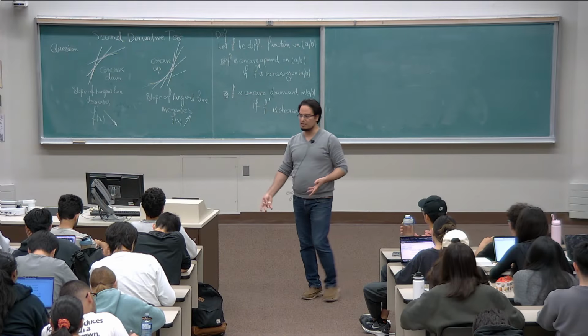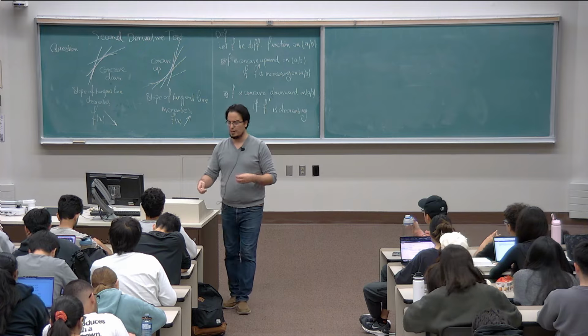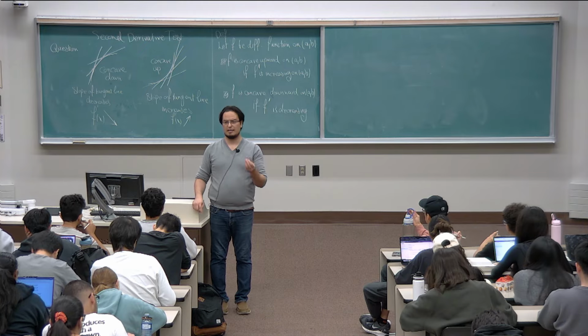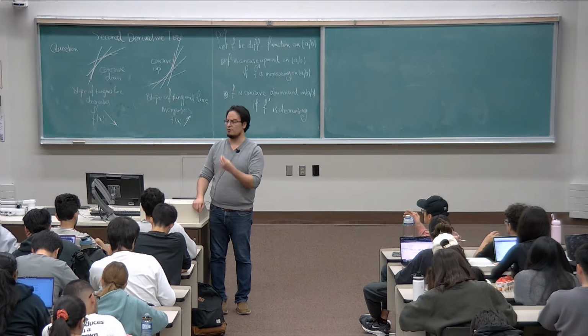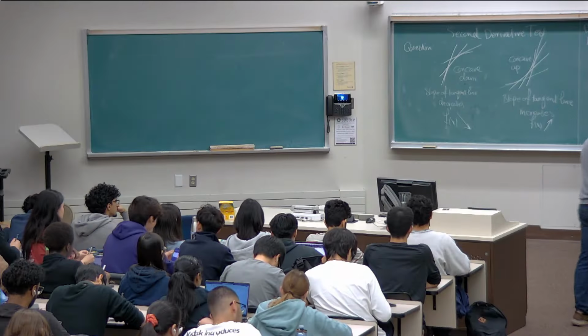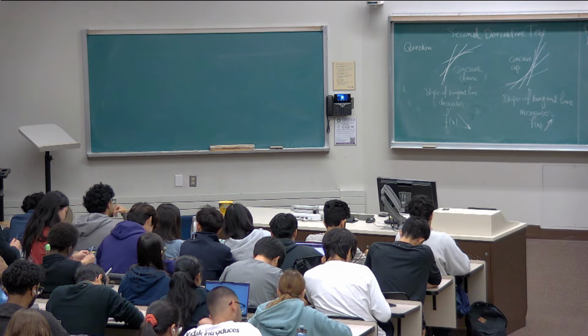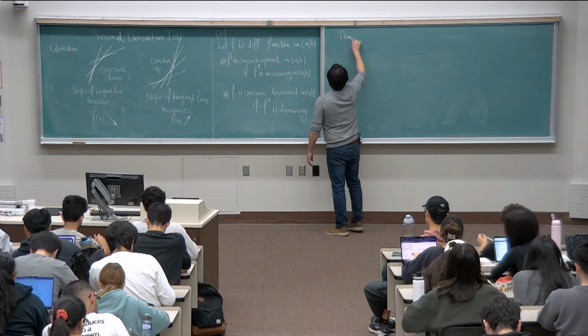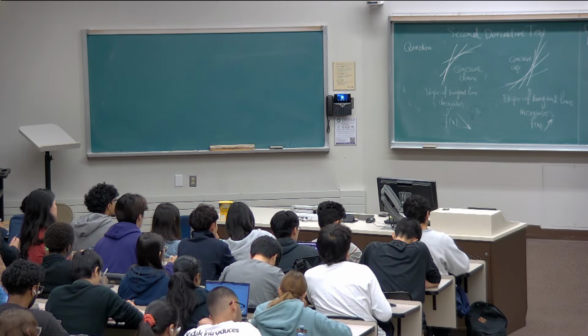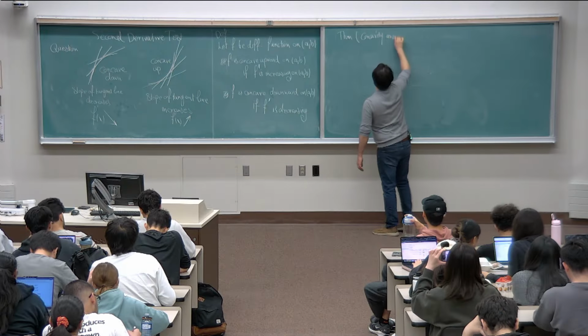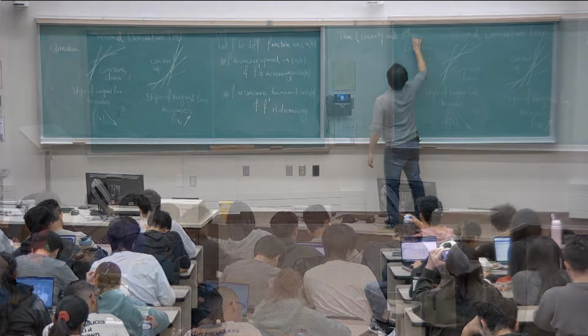And then you should ask yourself, okay, what is the right way to find concavity upward, concavity downward intervals of a given function? And that is a straightforward result of this definition. Concavity and second derivative.